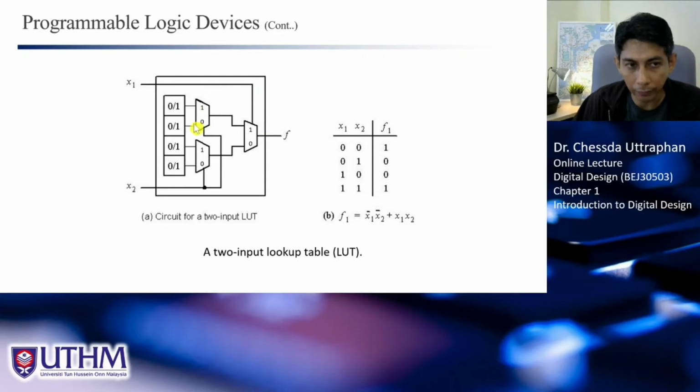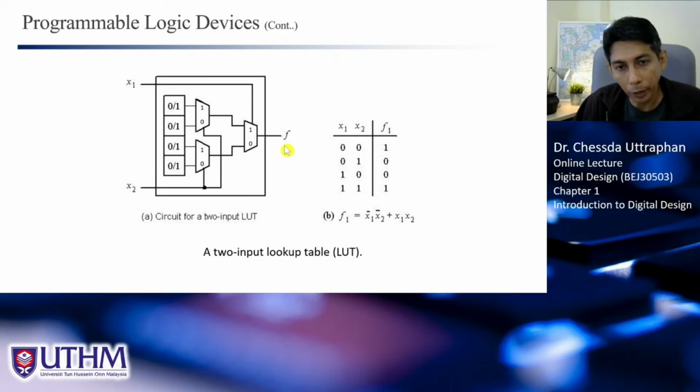This is a multiplexer, and these are the cells, the storage that we can program to hold 0 or 1. We can change this configuration, and we have the output. So this is a two-input LUT, right? X1, X2, and this is the output.